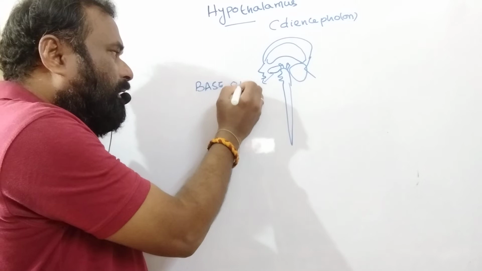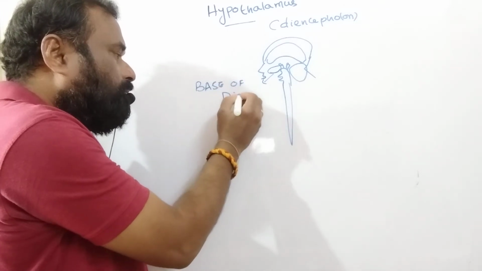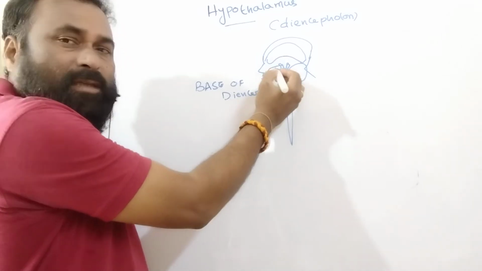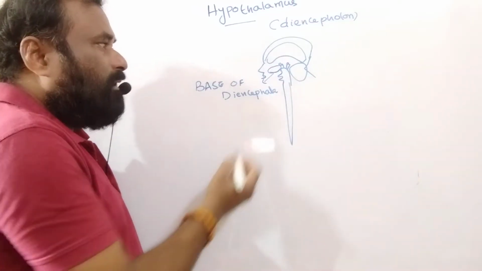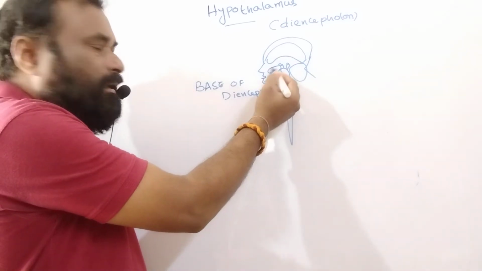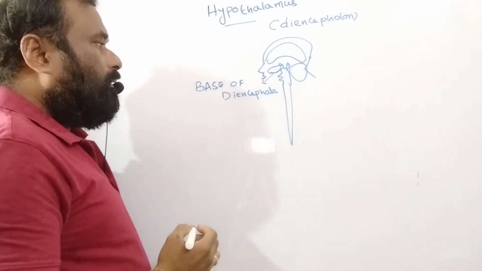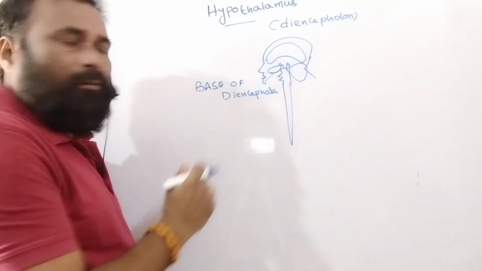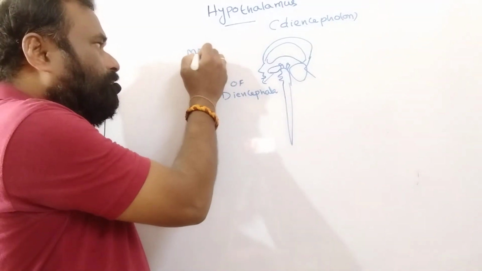This is the base of the diencephalon, on the anterior side. This hypothalamus is called the master control center.